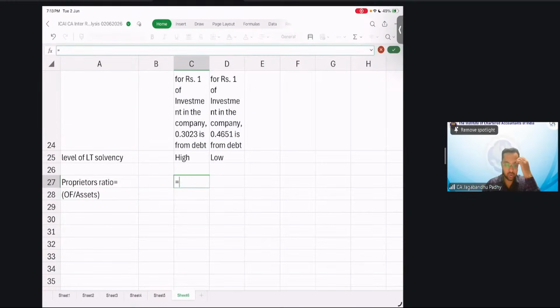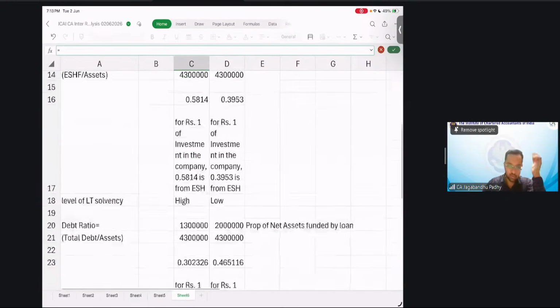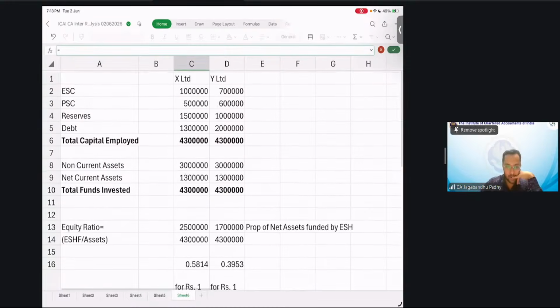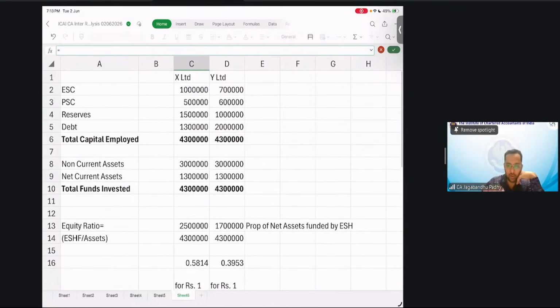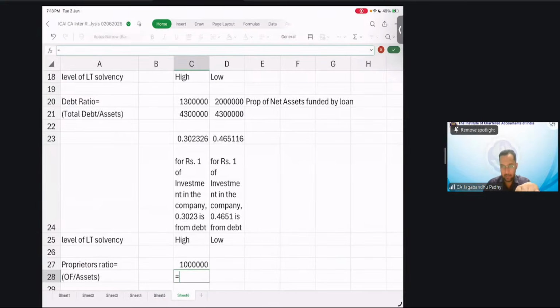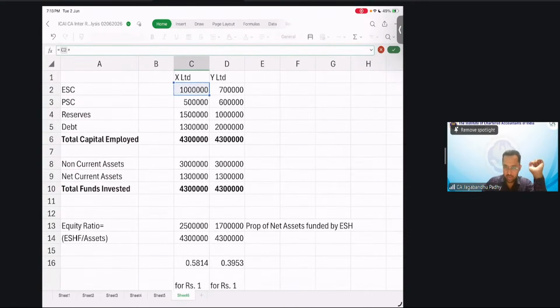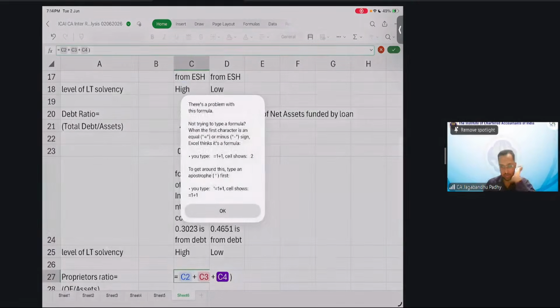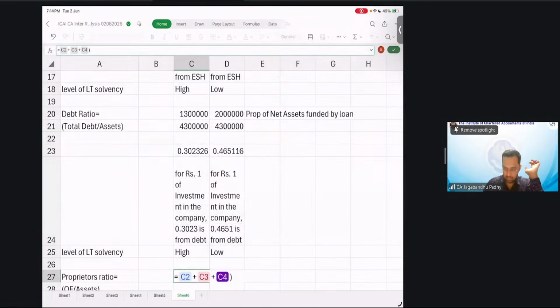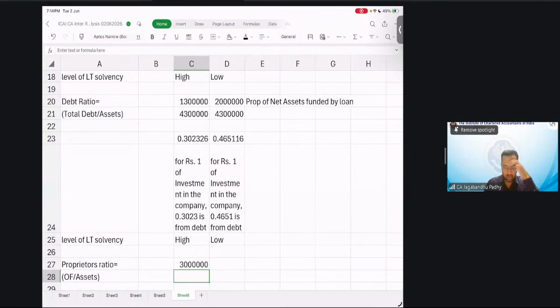Owned funds is going to be equity share capital plus preference share capital plus reserves, right, and this divided by the asset value.